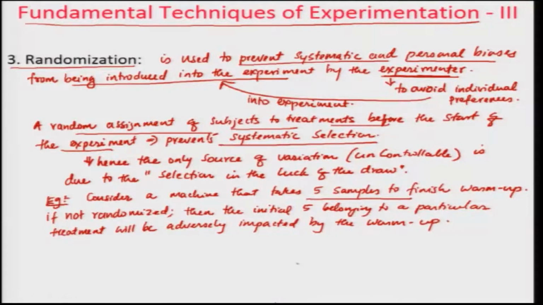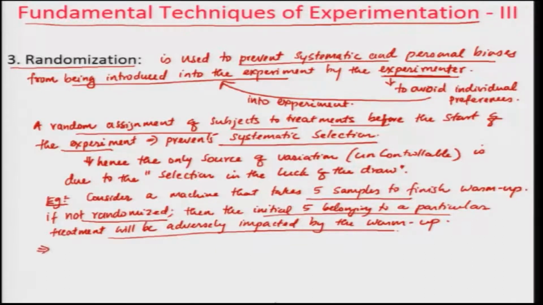So, if you do not randomize, if you just take one set of samples and shove it into the machine, the first ones belonging to the same category will all be adversely impacted by the warm up, and you cannot draw valid conclusions from your data, right.